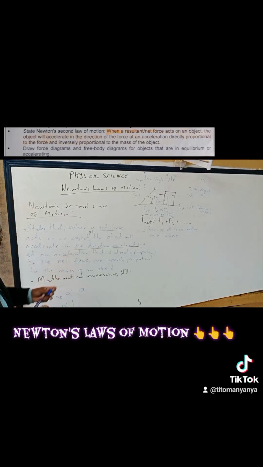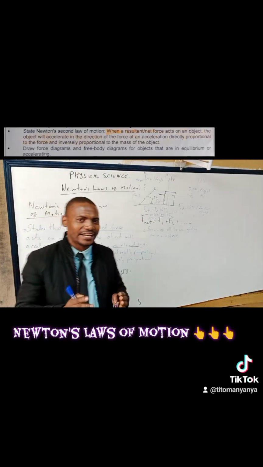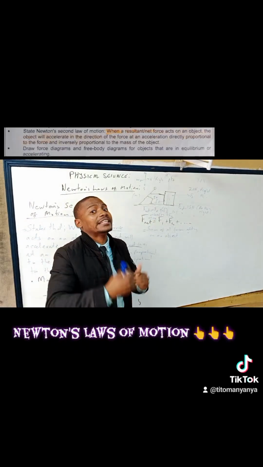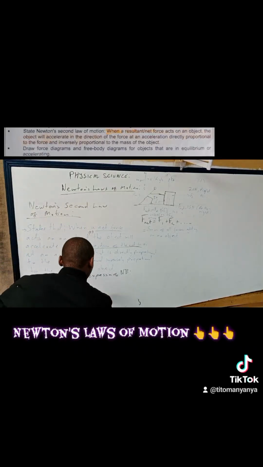So let's come back here. I was trying to explain this concept of net force. You must know that to get the net force, you sum up all the forces that act on an object. So now let's change this into a formula.